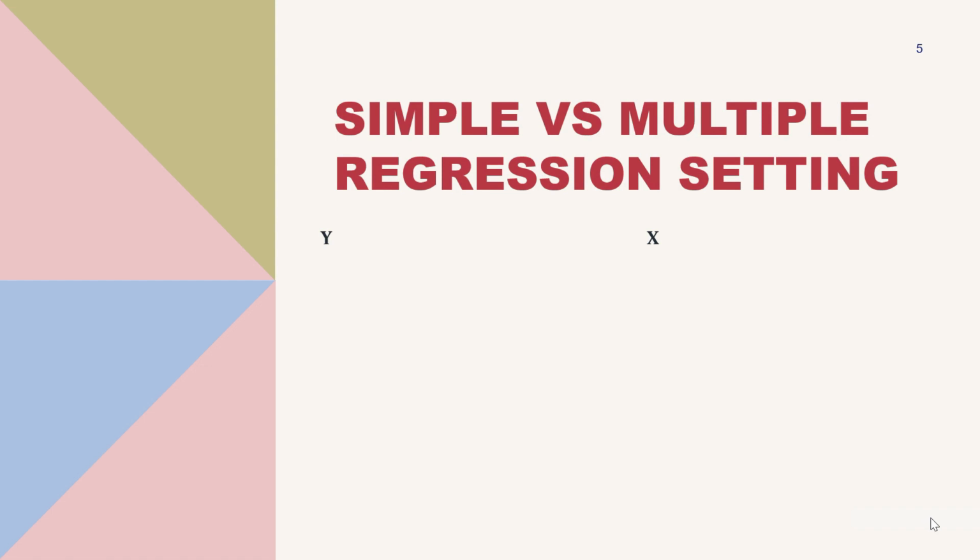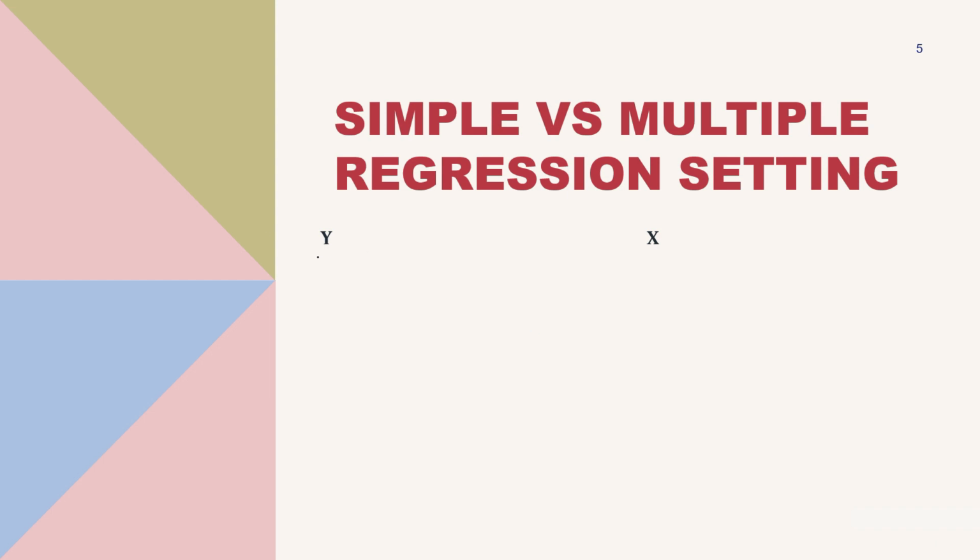Now, the main topic of the video is simple versus multiple regression setting. Okay, so when we have only one x variable, that means only one independent variable to answer the y variable, then we use simple linear regression or simple logistic regression.